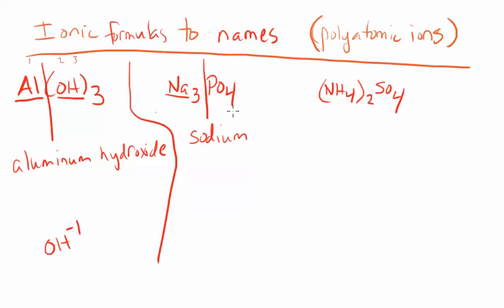It's PO4, so you look for that on your ion sheet. It's got a charge of -3. That's why there are 3 sodiums in the formula to cancel out that -3. And PO4 is called phosphate. So this is sodium phosphate.